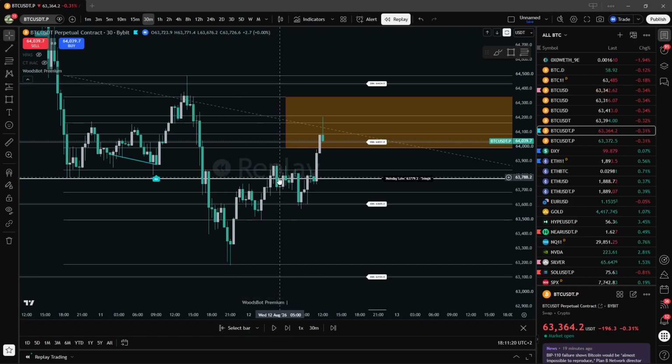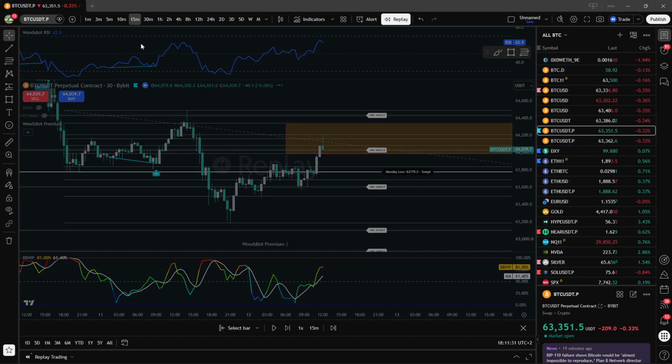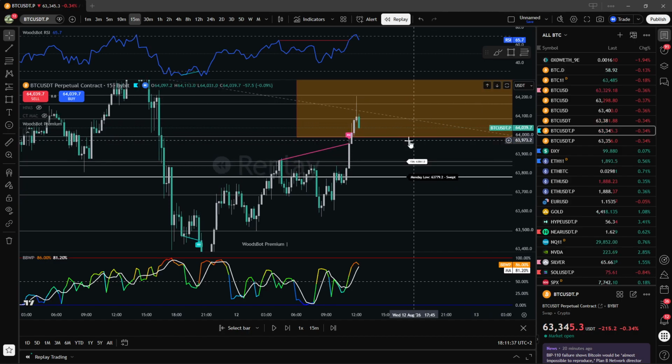Now this was the first time it got into my Fibonacci levels. If I go to the lower time frame, I can see there's now 30-minute bearish divergence. Now 15-minute as well. There was a try for the 15-minute bearish divergence, but as you can see here, it broke and invalidated the bearish divergence before entering the Fibonacci levels, right?